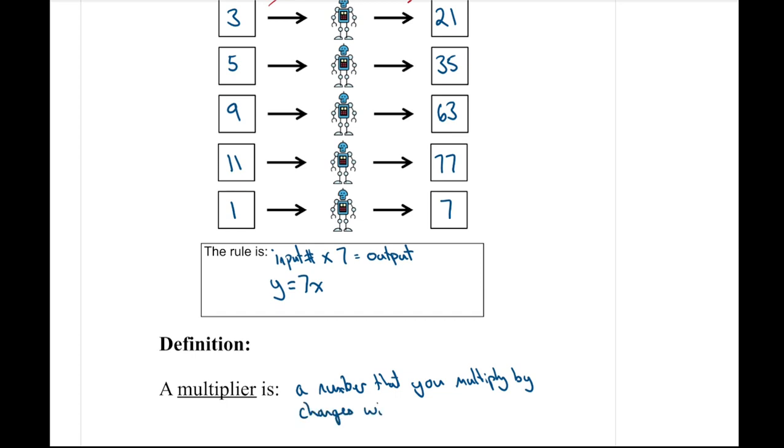It changes the input, or what the input increases by every sequential term. So if we input a number going from 1, then to 2, then to 3, we're increasing by the multiplier every time. But the key thing is it's a number that you multiply by.